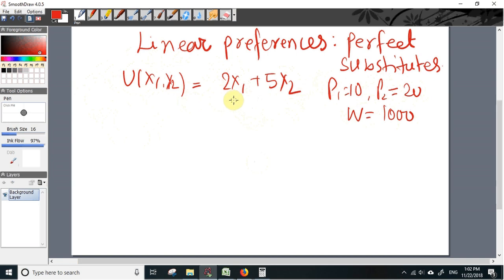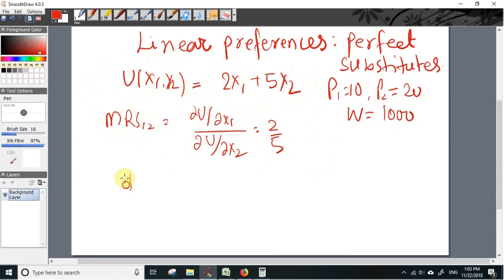to know exactly which of the commodities will be consumed by the consumer, we calculate the marginal rate of substitution first, which is simply the marginal utility of the first commodity over the marginal utility of the second commodity, which is 2/5.